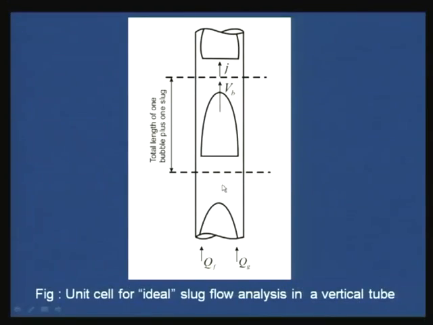We can assume that the wall shear primarily arises in the liquid slug region, where the liquid slug flows as pure liquid upward. Do you agree with me? Or does anyone want me to repeat this particular part?